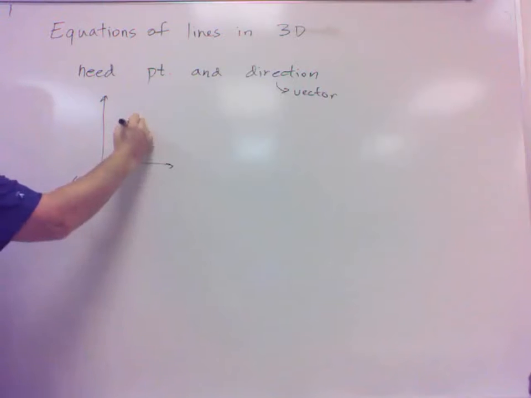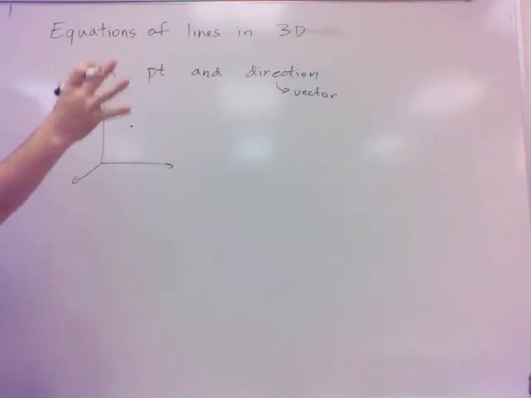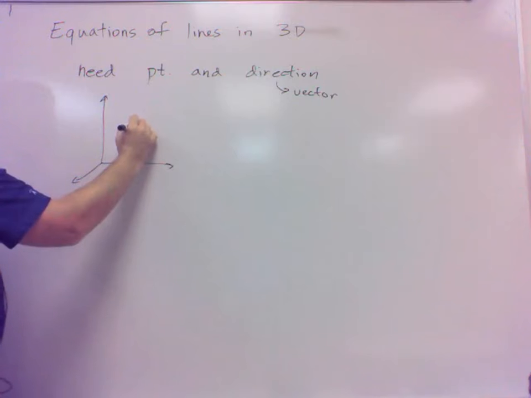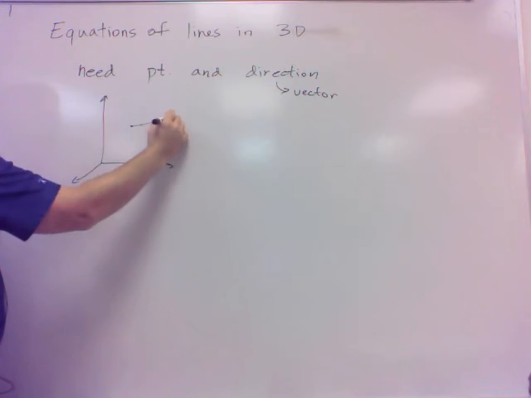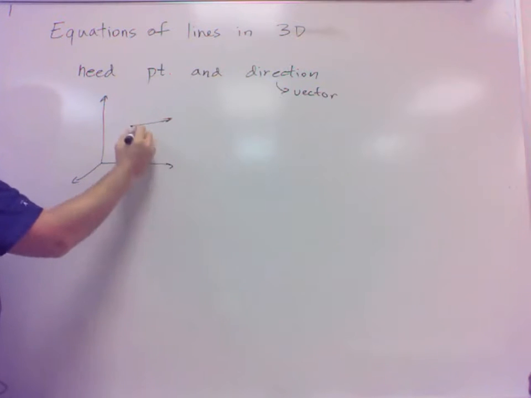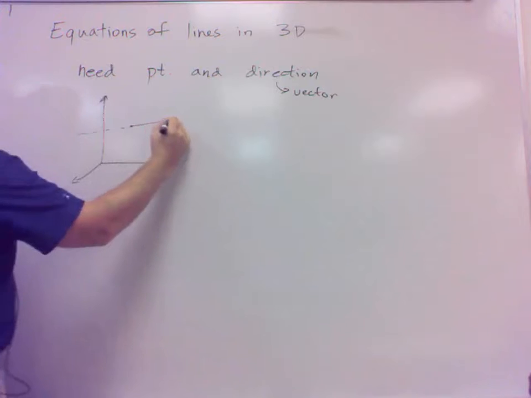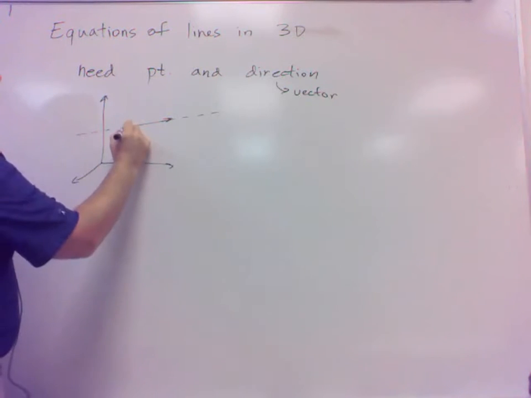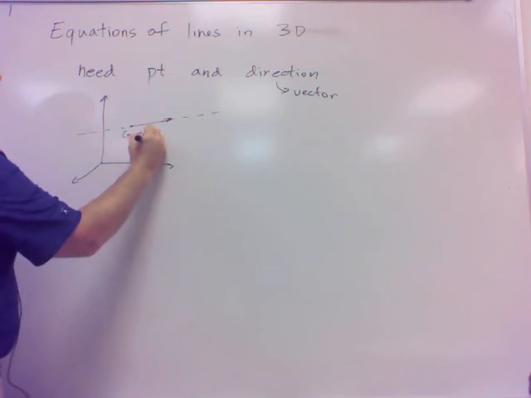So we need that point out in space, wherever it is. And then you need to know the direction of it, whatever it's going. And so that way, you've got your line. Okay? So you need this point x, y, z.